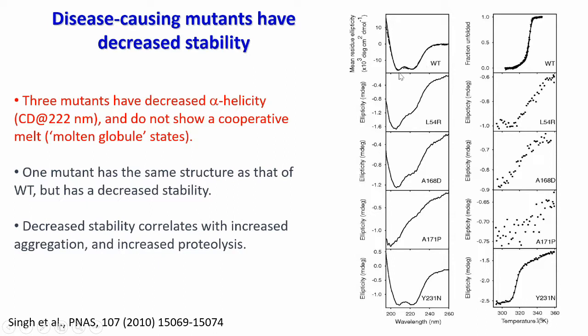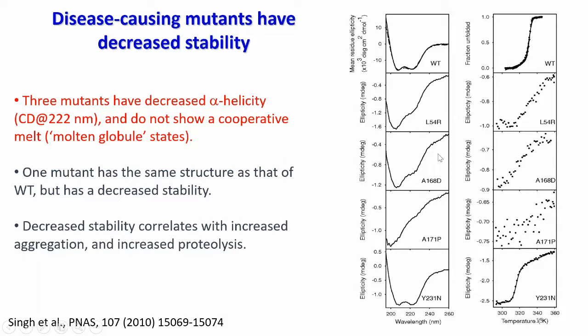So the wild type clearly shows negative minima at 208 and 222 nanometers, which immediately says that this wild type protein is an alpha helical protein. But when we introduce the disease-causing mutations in the dystrophin, that is L54R, A168D, A171P, you can see the disappearance of the CD signal at 222 nanometers, and the spectrum is slowly shifting towards 200 nanometers, which is characteristic of a random coil structure, but it's not a perfect random coil.